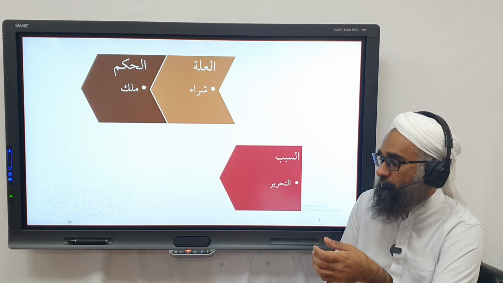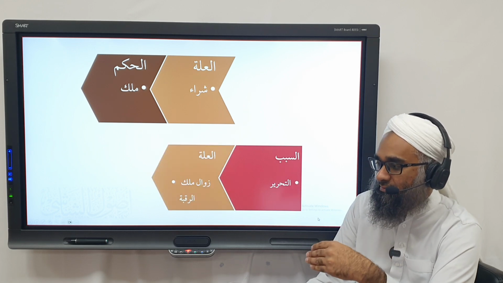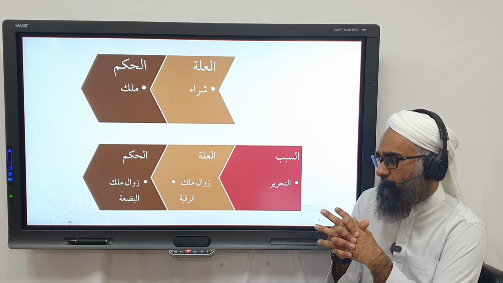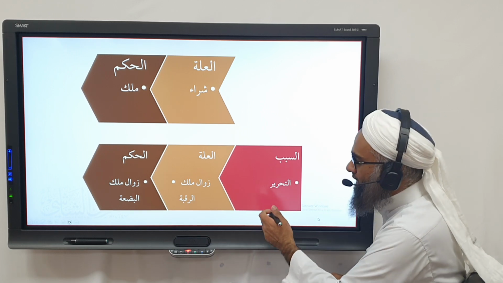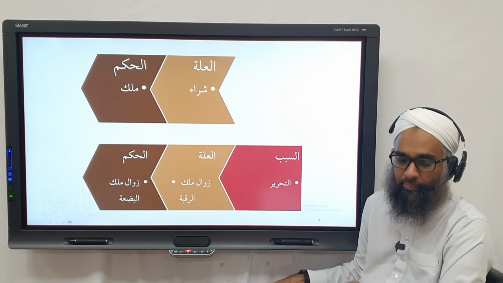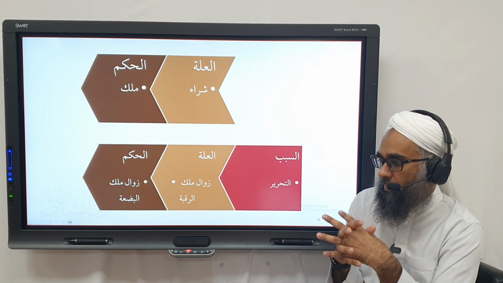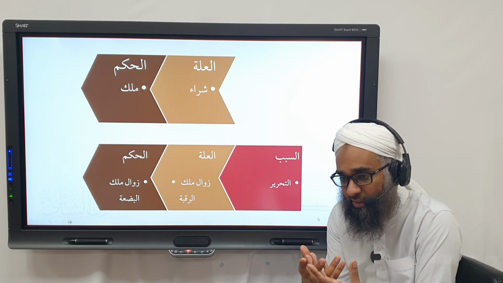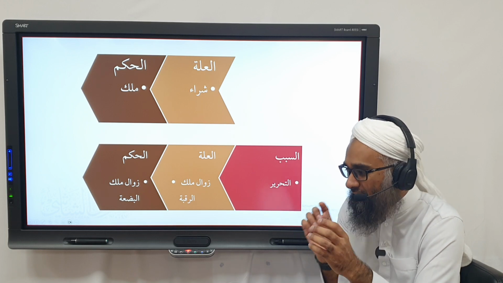And along with this, we have something called sabab. Sabab is basically a step before the illah. So look at the example here. Let's take this example because it's coming up later on: tahrir. What does tahrir mean? To free somebody, to free a slave. So when you free a slave, what does that lead to?